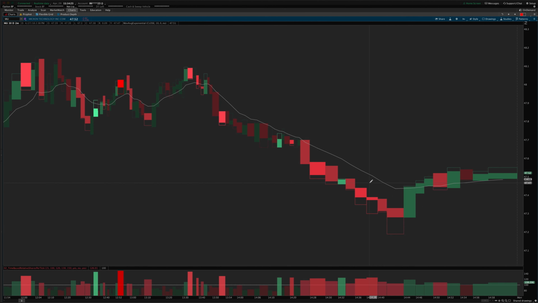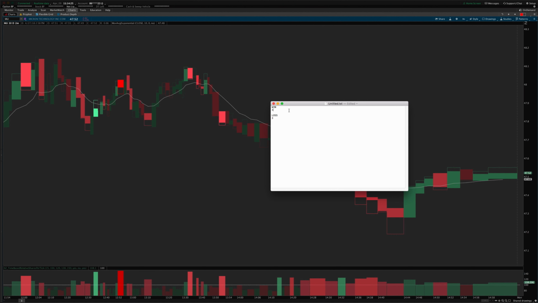And there's the close. So that's kind of how this system fared. It looks like 4 wins and 3 losses. The wins all were 2 R's, and the losses were all 1 R. So what that equals out to is 8 R's minus 3 R's, which is 5 R's total for the day.